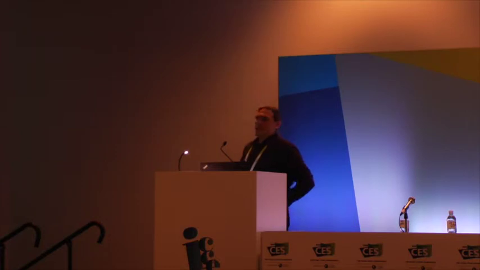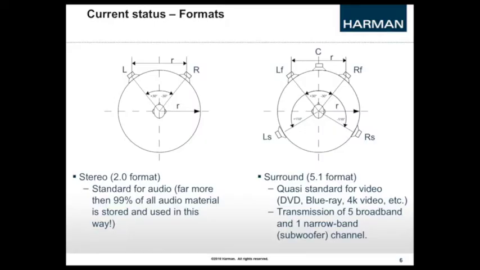And the other format, which comes mostly along with videos, is 5.1. Many or most of you might have a Blu-ray player able to play 5.1 material, and almost all DVDs or Blu-rays have 5.1 encoded. So you have the acoustical material to play it.